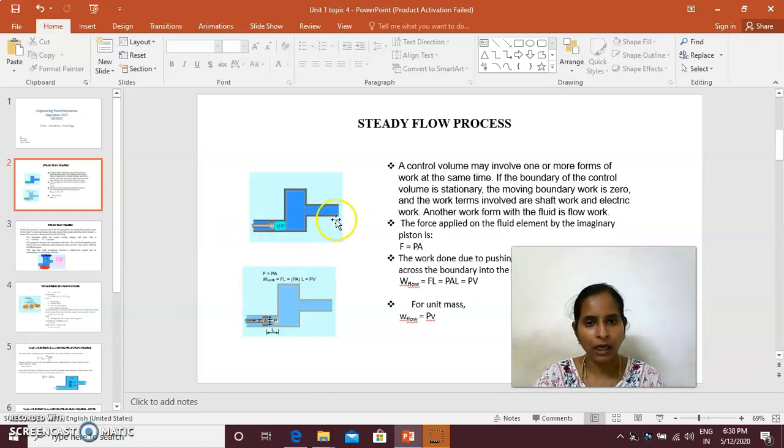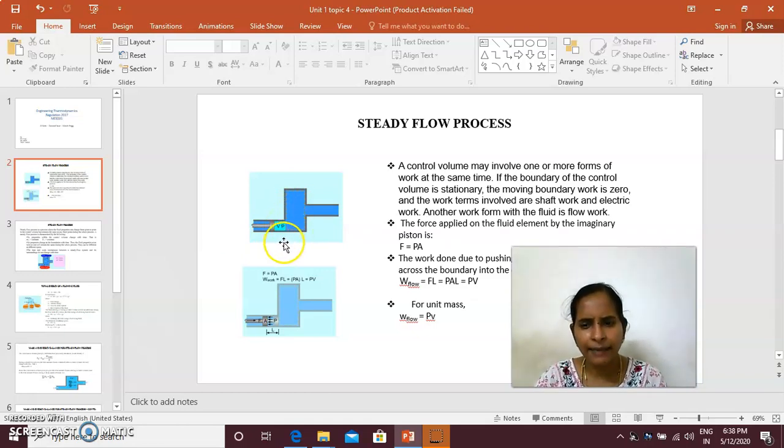Control volume and control surface: the control surface is an imaginary envelope supposed to exist around the piece of equipment, an envelope covering the place where we are concentrating.